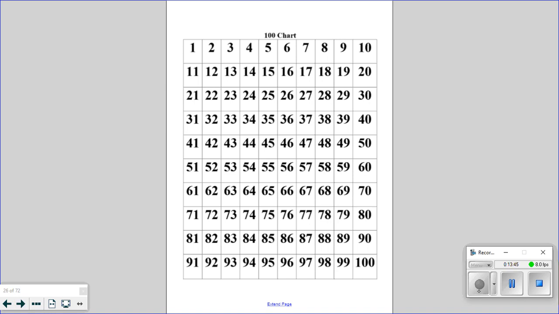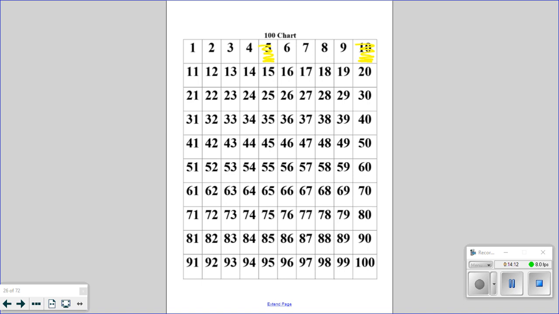If I'm skip counting by 5, what's the first number I'm going to say? Not a trick question. Carl? Color it in. Then what am I going to say? Jalen? 10. Color that. How about 3 groups of 5?